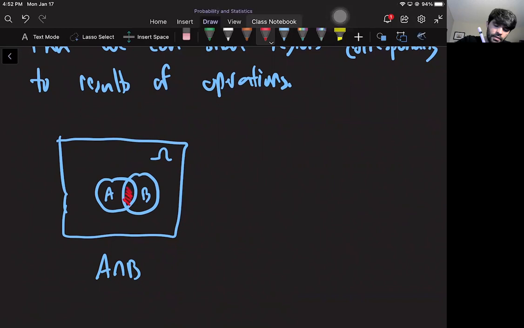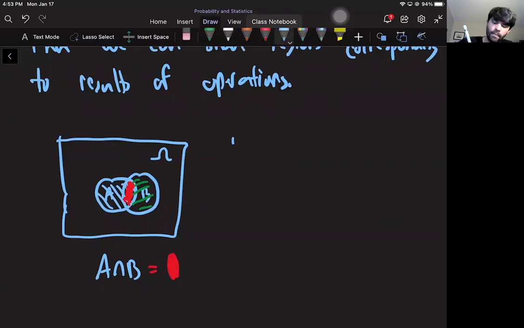And so that's just this stuff, because in green is what's in A, and this is what's in B. So the only part that's both green and blue is this red portion in the middle that I've shaded. So that's this part. Okay, so that's the intersection.